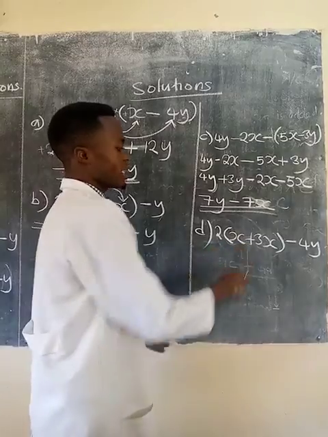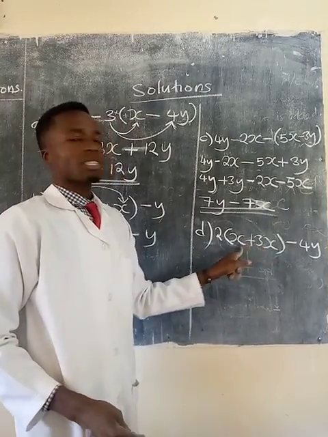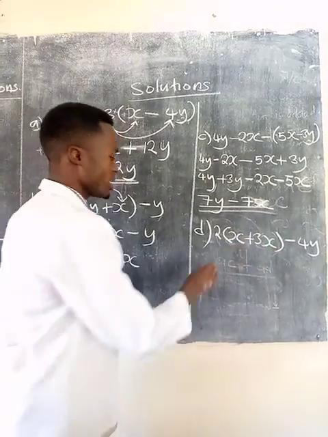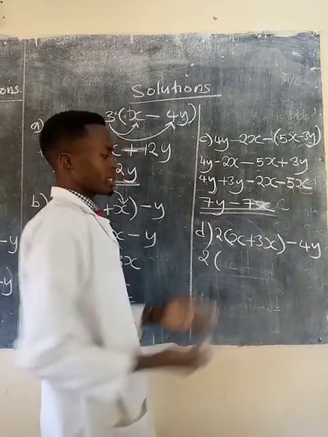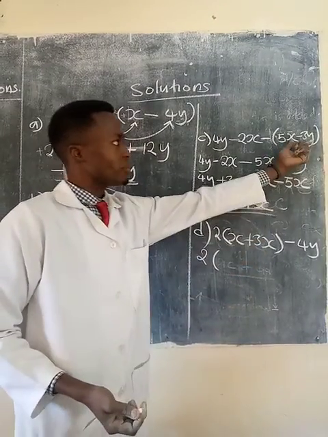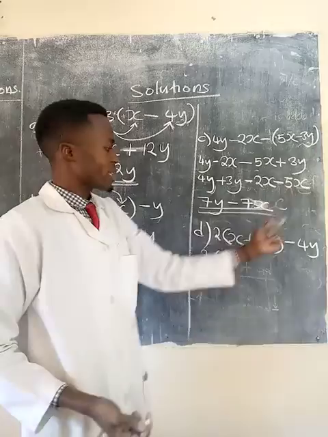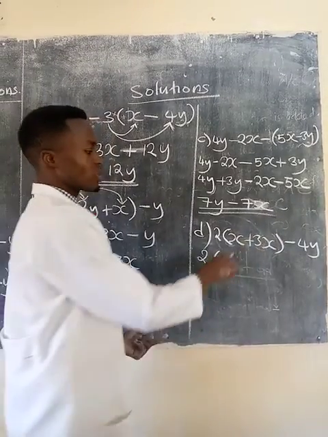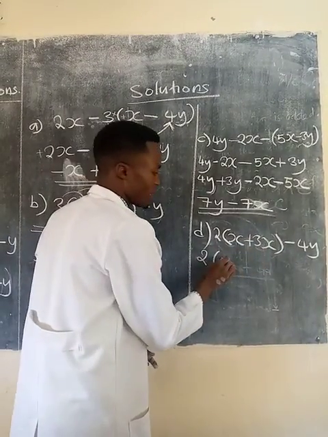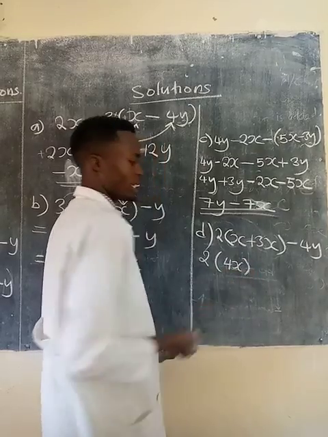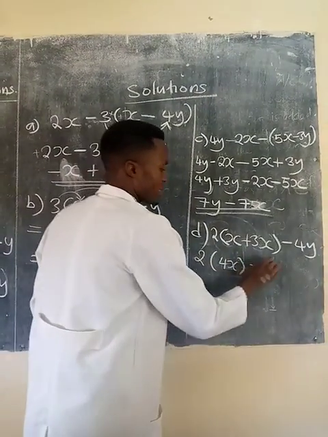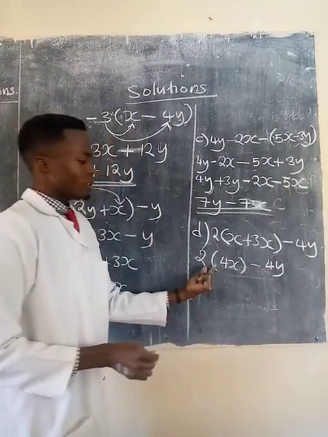So I have x plus 3x there. So we know that we can simplify there. These are like terms. So you deal with what is in the brackets. You can simplify there. So x plus 3x will give us 4x. Like that. We've simplified. Minus 4y. Then you open up the bracket.